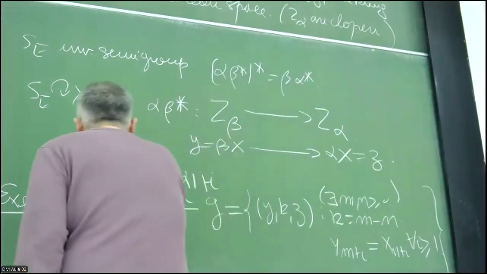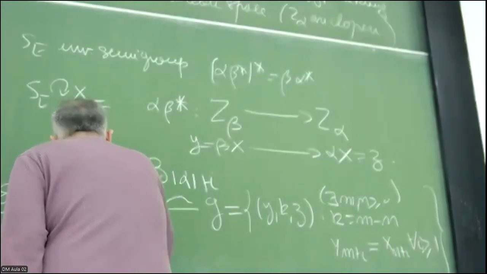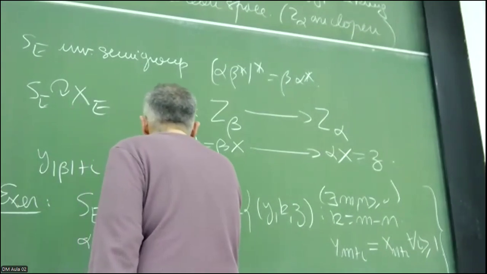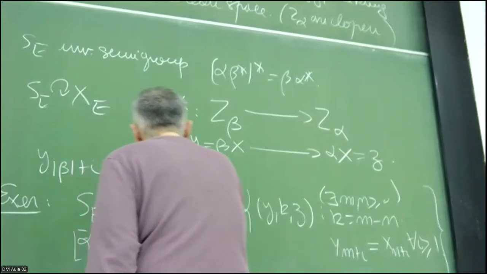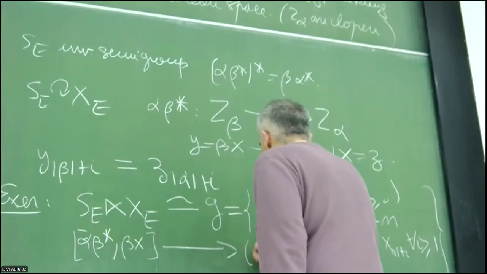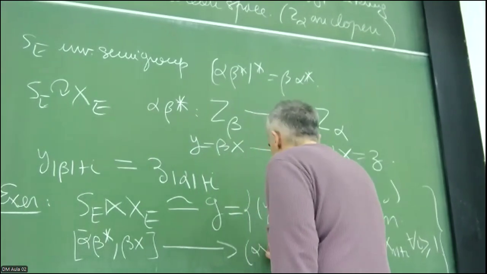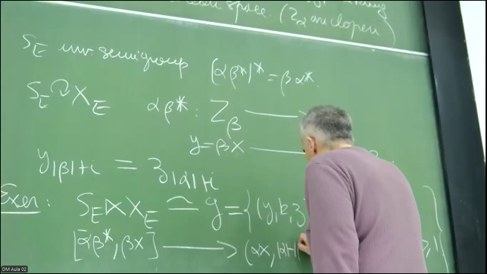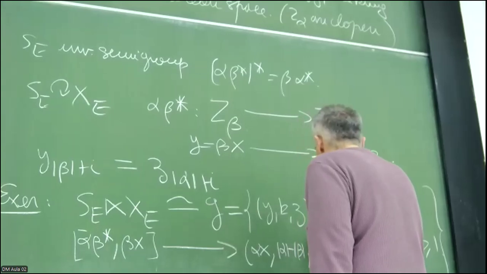And the bijection sends the germ alpha beta star, beta x, to alpha x, degree length of alpha minus length of beta, beta x.